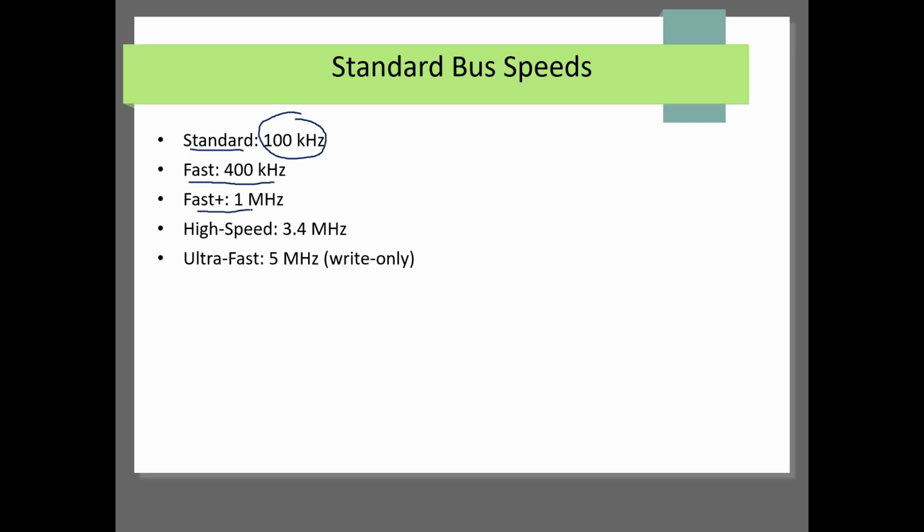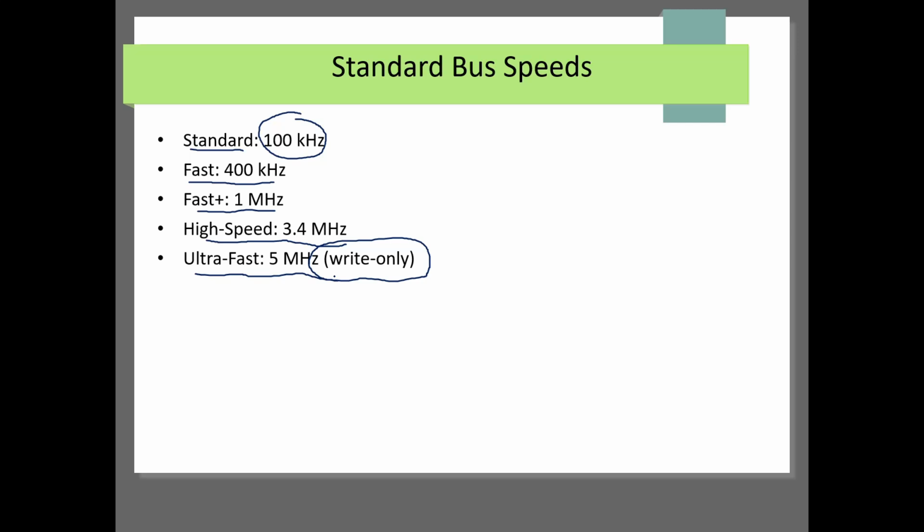Fast mode plus is 1 megahertz, high speed is 3.4 megahertz, and then ultra fast mode is 5 megahertz.